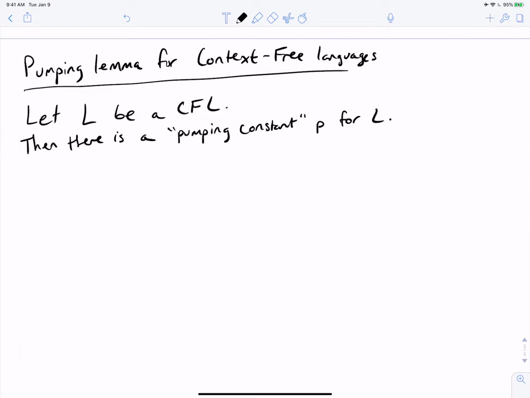Then what we were doing was making a parse tree that was really big. Because it has a parse tree, that means the grammar can actually make the string, so it's in L, the language we're talking about. And it has to have a length at least a certain number P. So what do you think is going to appear next?